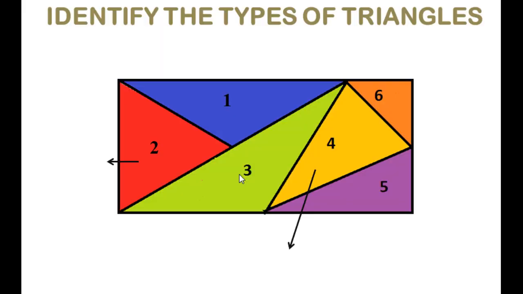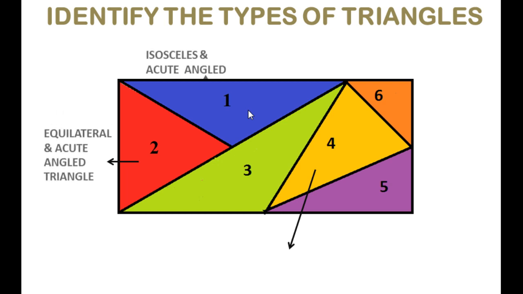Okay. Now let's identify again from this figure, similar to what we have done. In this we will be giving the names by sides also and by angle also. Okay. So firstly start with first and second. We know in this figure earlier one was isosceles and second was equilateral. So what about if we talk about angles?